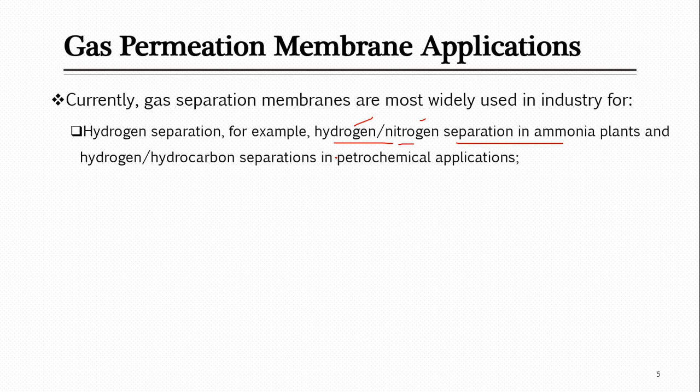Then there is separation of hydrogen from other hydrocarbons in petrochemical plants, where hydrogen may be added for some reaction or produced as a result of some reaction, so that can be separated from these hydrocarbons using membrane. Maybe you will be thinking hydrocarbons are already in the form of liquid, though not necessarily. Sometimes the lighter hydrocarbons are in the form of gases. So if hydrogen is part of those gases, it can be separated from those gases.